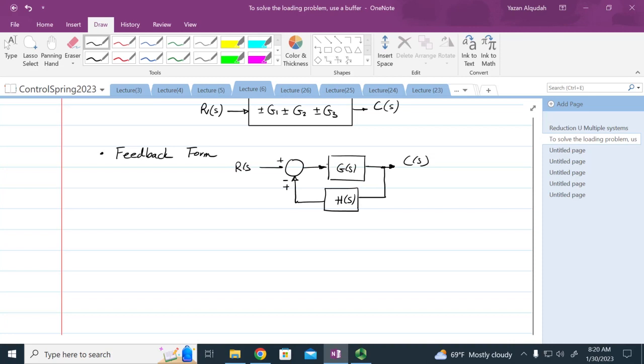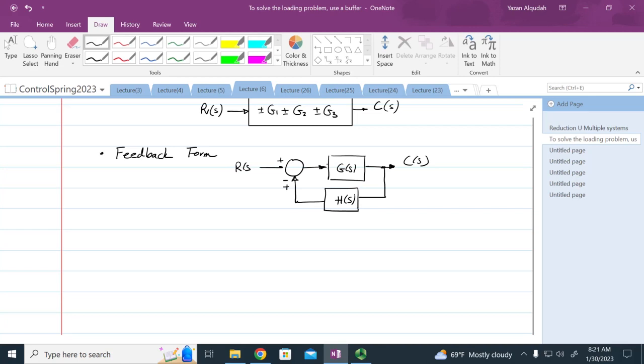It's going to just look like a 1. Just C of S fed back directly to the input. But when are we going to have H of S, and when is it going to be a 1? What does H of S represent? Output over input? Yes. What else?